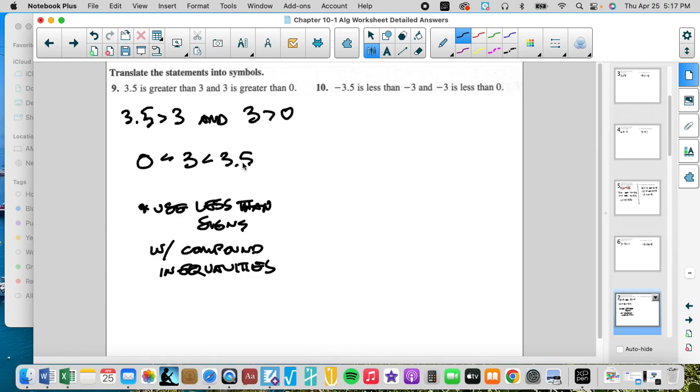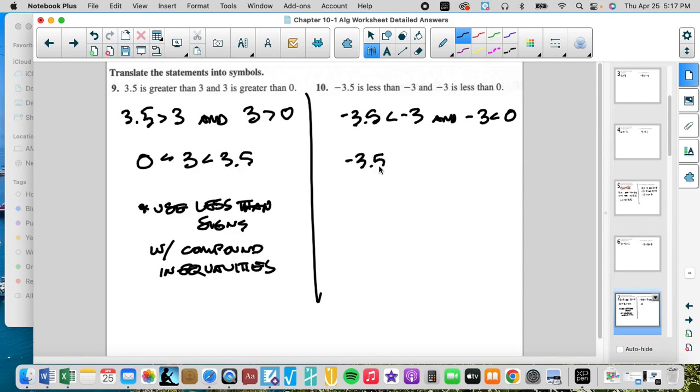So 3.5 is bigger than 0, numerical order going left to right. Negative 3.5 is less than -3, and -3 is less than 0. So that's good. Notice still in numerical order, so that works.